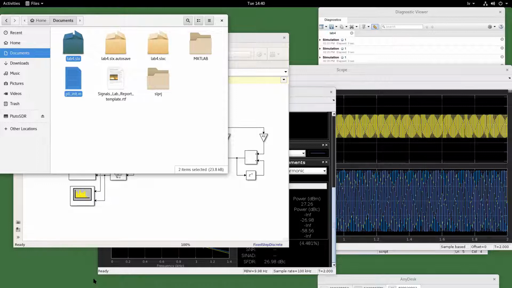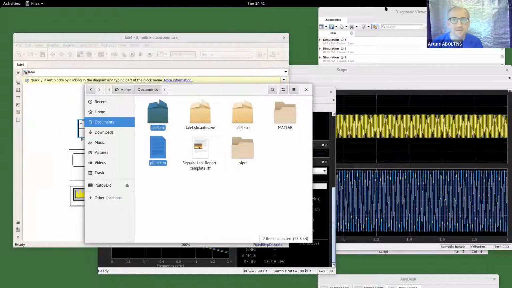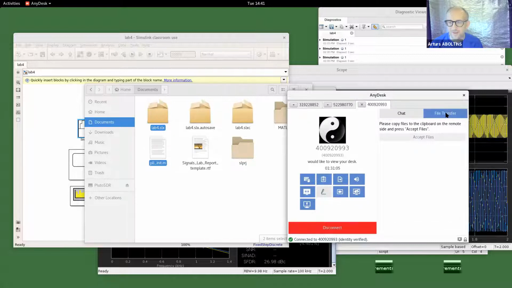Okay, maybe I have disabled something, because there was an option, File Manager or something like this. Tunnels, control, allow. File transfer. Please copy files to the clipboard.